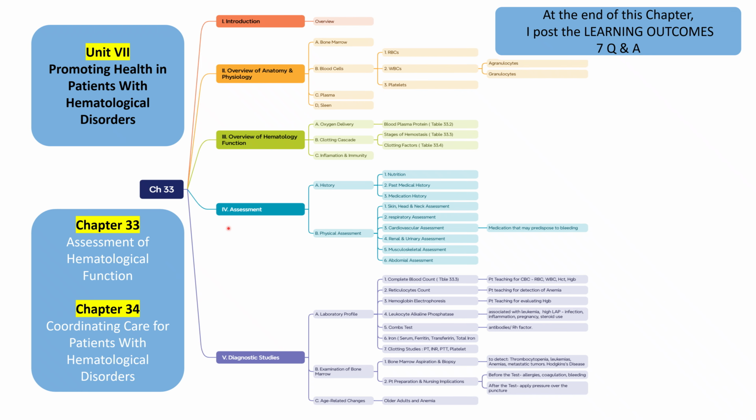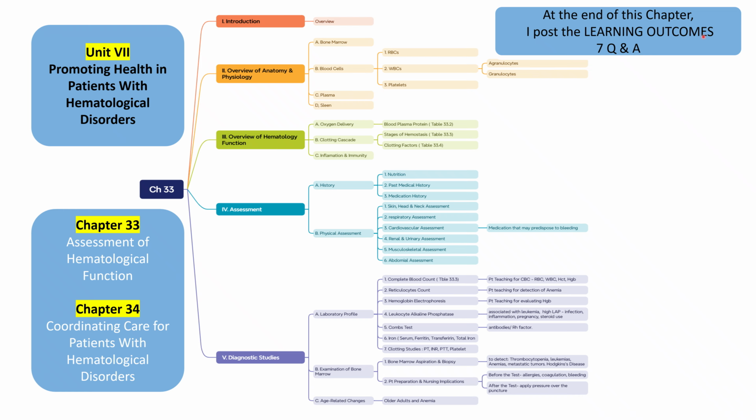And then assessment and diagnosis studies. So as you see, this chapter is basically four parts. The introduction, the anatomy and physiology of blood and how blood functions, and the nursing intervention, assessment, and diagnostics that a nurse should know about blood.